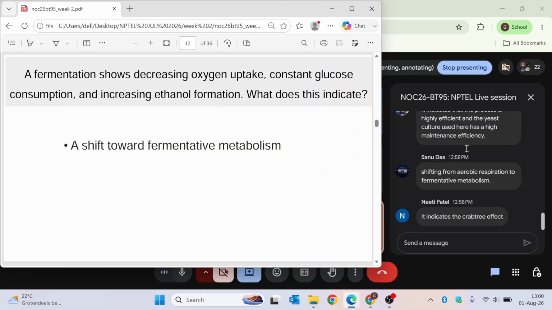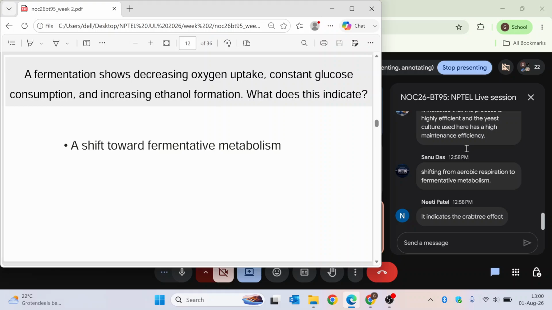Right. So this indicates a shift towards fermentative metabolism, like from aerobic to anaerobic. That is right. And similarly, it is indicative of the Crabtree effect. We can assume that there might be an excess of glucose, so to consume it, let's say if there is yeast, it takes the fermentative route for consuming the overflow of glucose.